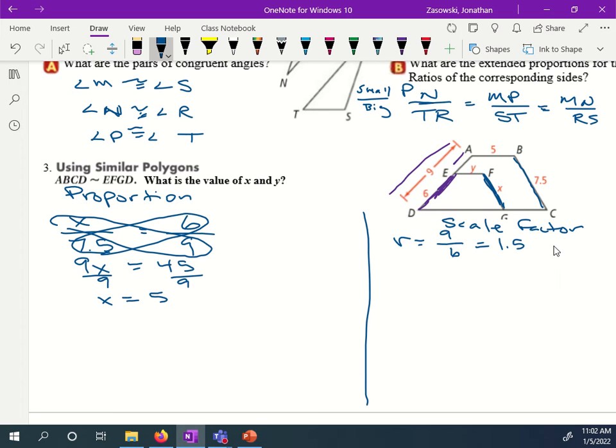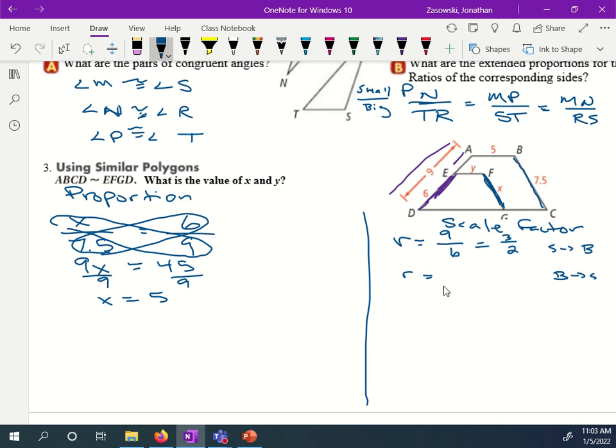Now, this is going from the small to the big. What's the other scale factor I have, though, if I want to go from the big to the small? Instead of saying 1.5, I'm going to leave this as just 3 over 2. So what's the scale factor if I want to go from the big figure to the small figure? Duncan? What is it?